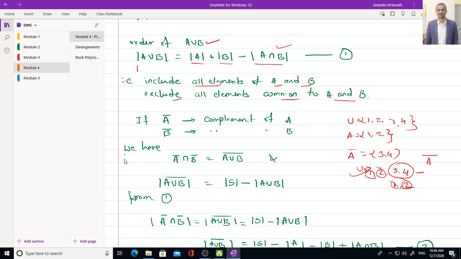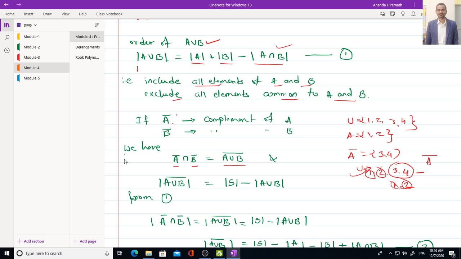So let us assume that A bar is the complement of A and B bar is the complement of B. Then we have one more standard result, that is the complement of A intersection the complement of B is equal to the complement of A union B.